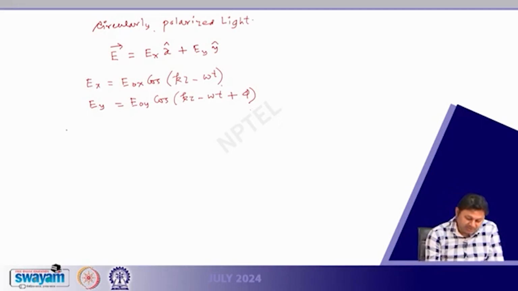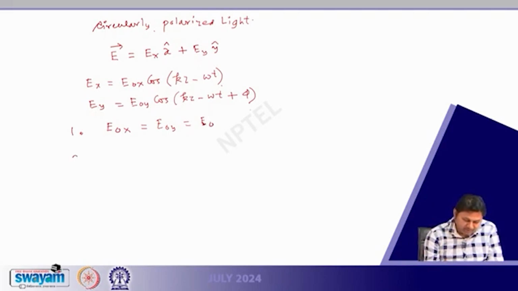Now, I put two conditions. One condition is here that E0x is equal to E0y to some value E0, that is the condition 1 I put. This is a very special condition that these two are same.